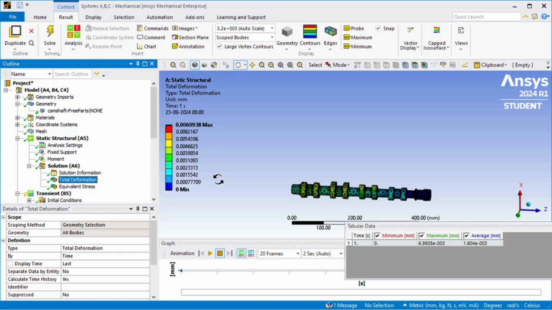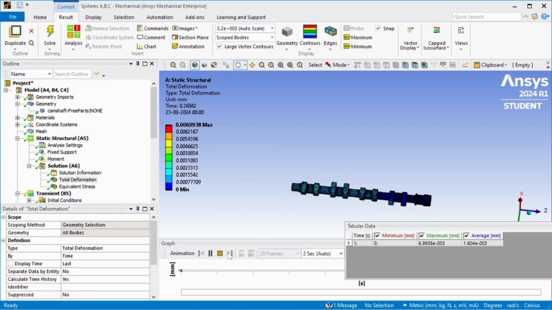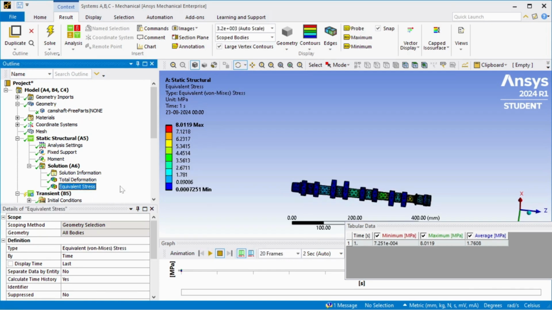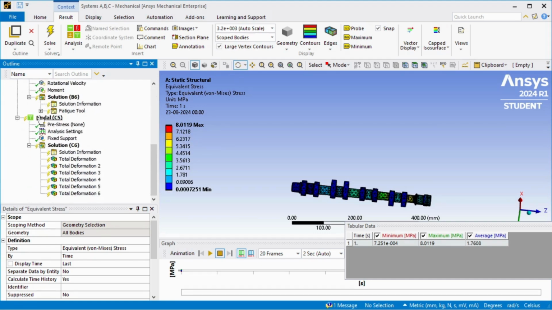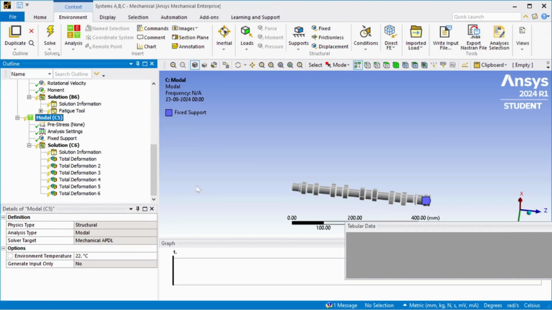We can see that the deformation for the aluminum silicon carbide is 0.00699938, which is lesser than the deformation that took place during our analysis for cast iron or chilled iron. And this is how the deformation would look. And the equivalent stress is almost similar, but we'll find a major difference in the modal analysis.